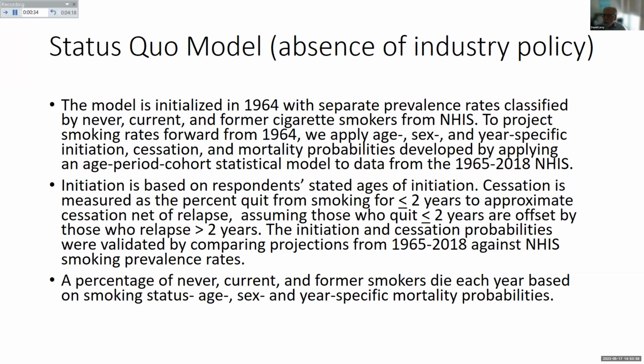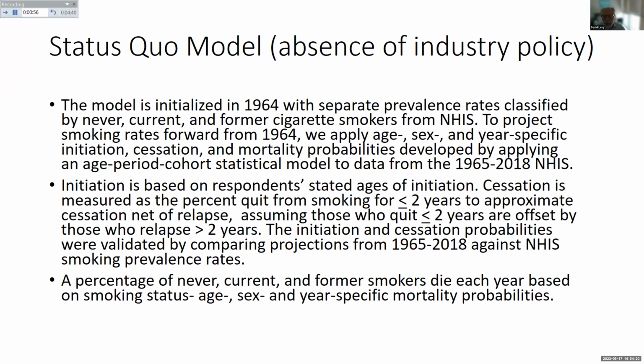The data is from NHIS, so the longest available data set and one that's been relatively consistent over time. And that data was used to project smoking rates forward from 1964.